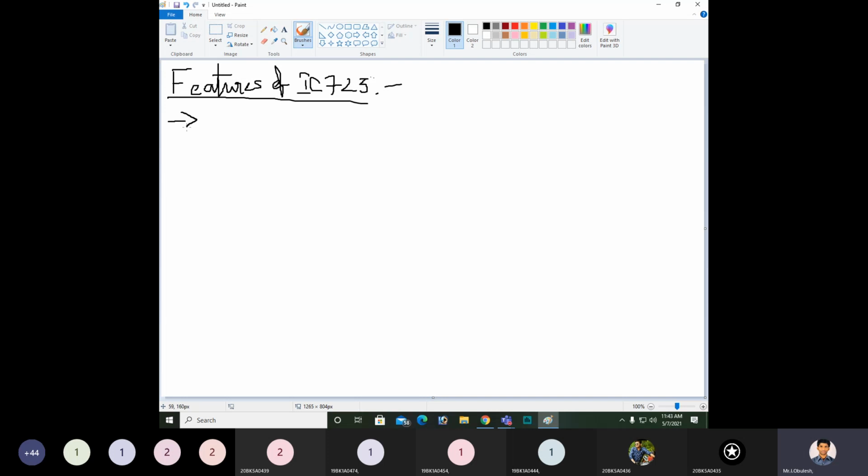The first point you need to write down: it works as a voltage regulator, at output voltage ranging from 2 to 37 volts, at current up to 150 milliamps.